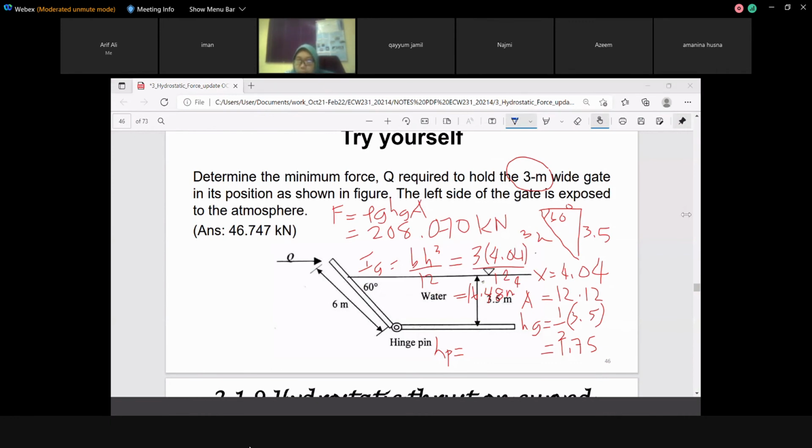Iman, berapa Iman? Ya, betul. Saya tidur. Okey, Abidah. Abidah dah kira dah? Puteri ke? Syed Irfan?